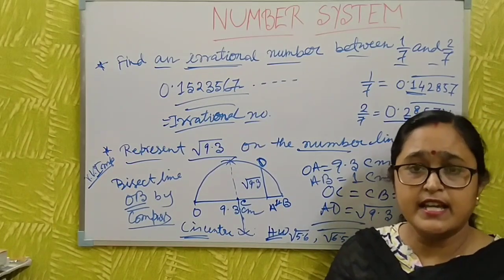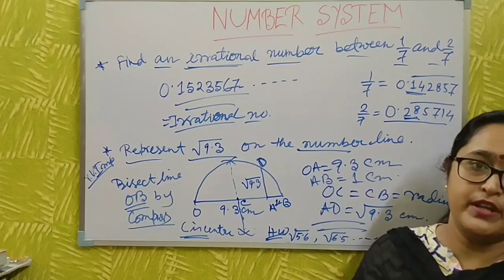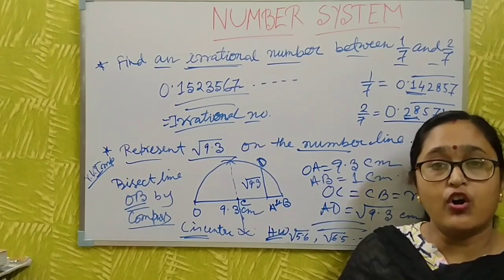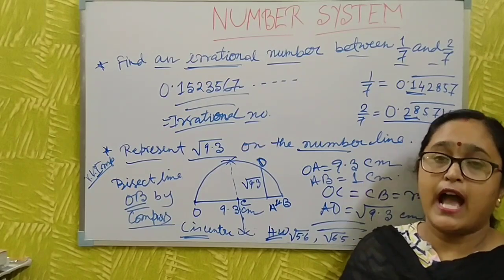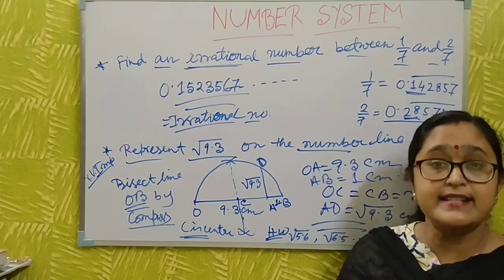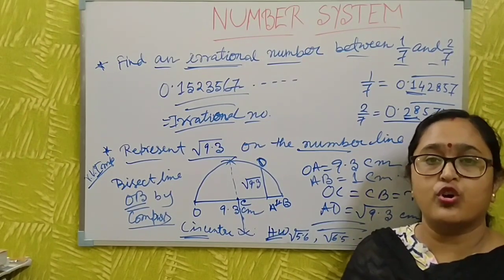This is your task, you have to do it, and pause the video, write in your copy. Okay, you must do it in your copy and collect all the sums from any book. And this is the class 9 standard. I repeat again, this is class 9 standard. You collect the maths from any book and do it in your copy.